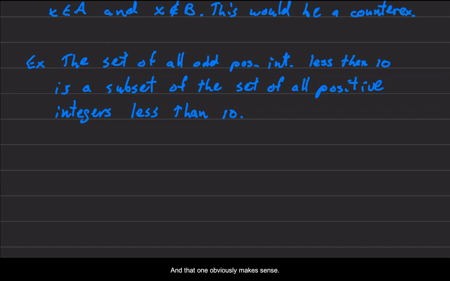And that one obviously makes sense. If you've got all positive integers less than 10, and then you list out all the odd positive integers less than 10, clearly all of the odd positive integers will also be in the positive integer set. So that one will hold true.